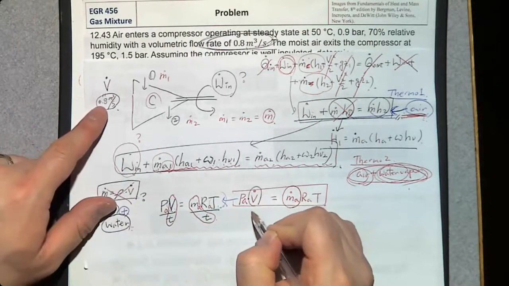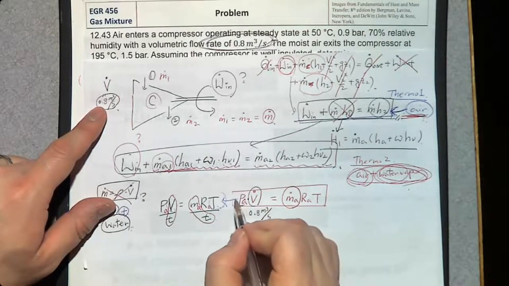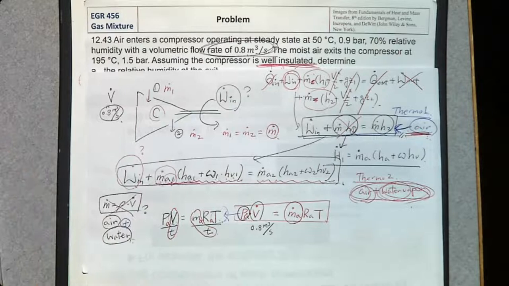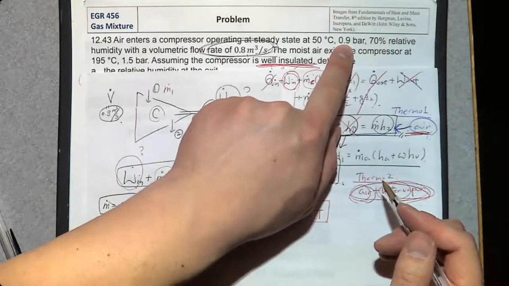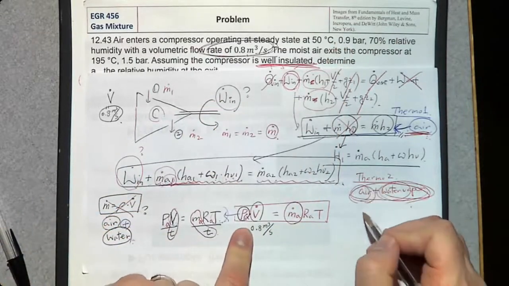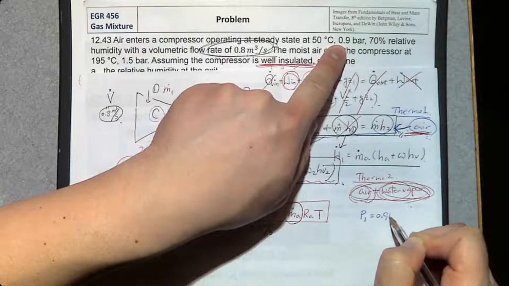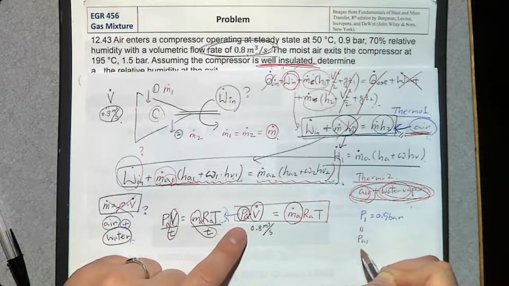This V dot is going to be 0.8 cubic meters per second. What about PA? We only have the pressure at the inlet, 0.9. That is not PA. That is just P1, which is going to be 0.9 bar. This P1 is going to be PA1 plus PV1.